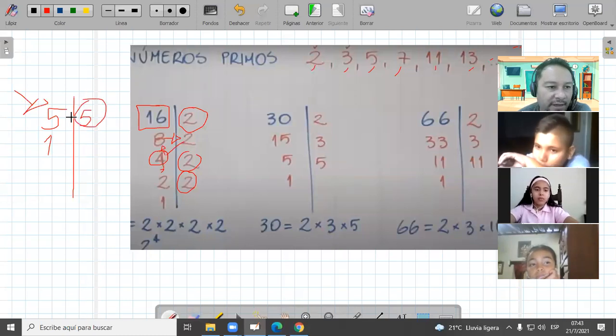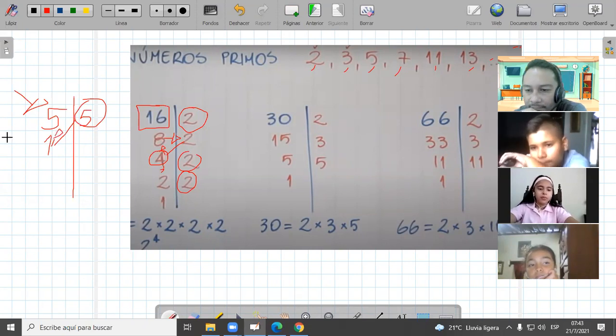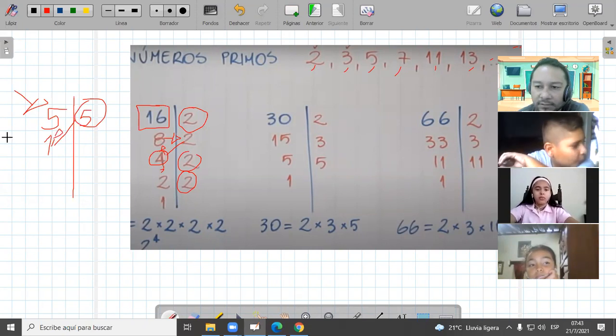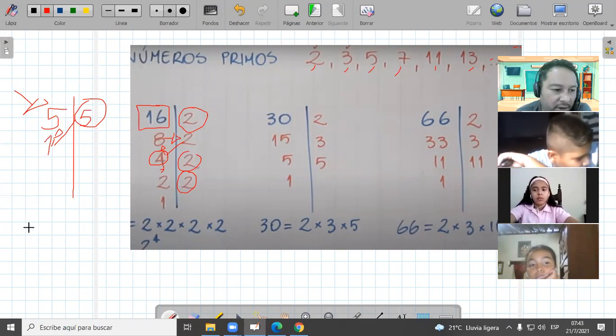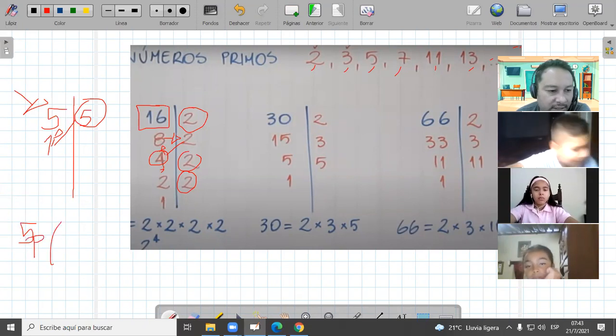Why? Because 5 times 1 is 5. So 1 and 5 are the two numbers.